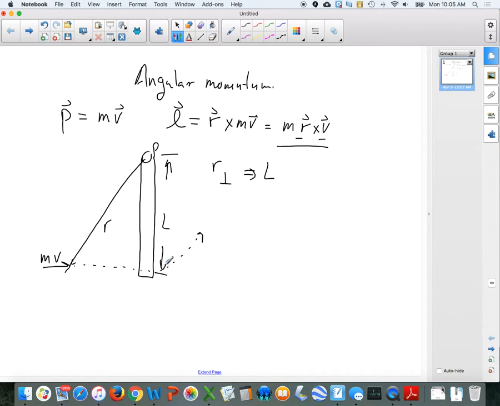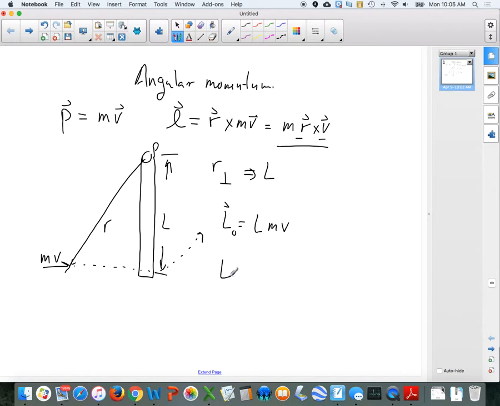So the angular momentum initially, which I'm going to write as L0 as a vector, is equal to R, the length of the rod, times the mass of the incoming object multiplied by the velocity of the object.